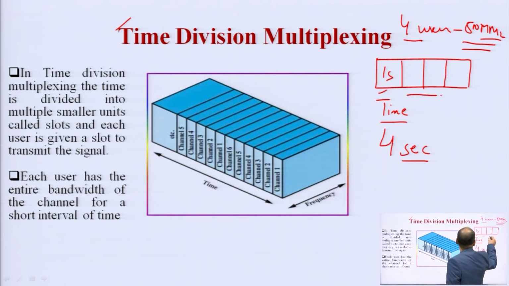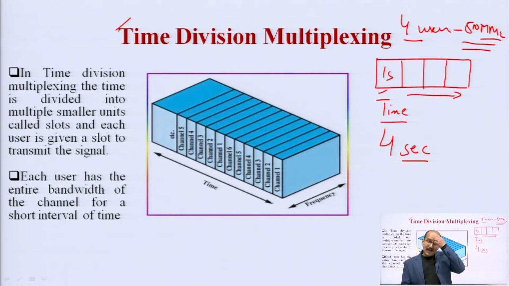After 3 seconds, when one frame is transmitted, user 1 will again get the chance to send its data. It means in time division multiplexing, we are creating packets of data, loading that data on a particular time slot of the available time frame, and after sending one frame, we are going to send the next frame.